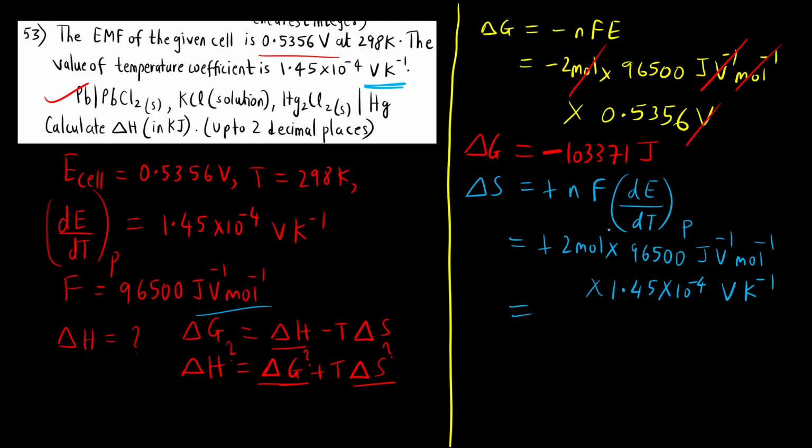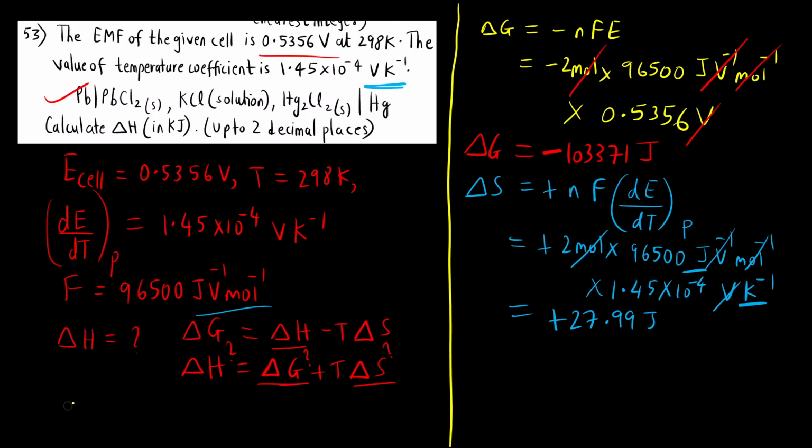If you solve this, mole and mole inverse get cancelled, volt and volt inverse get cancelled, and we get the unit in joule per Kelvin. It comes out to be plus 27.99 joule per Kelvin.